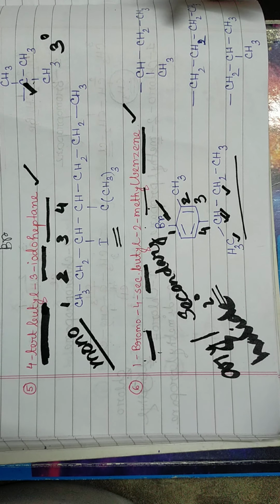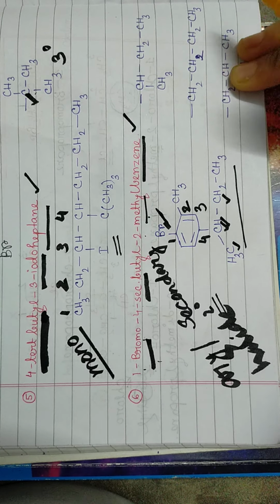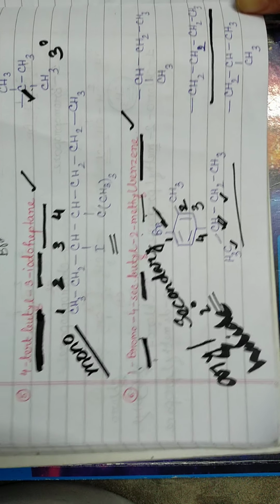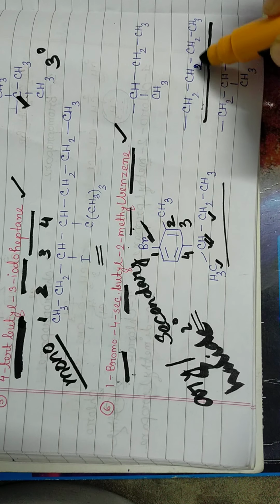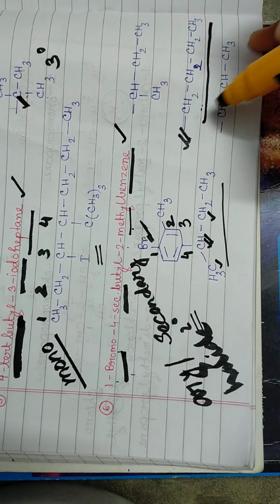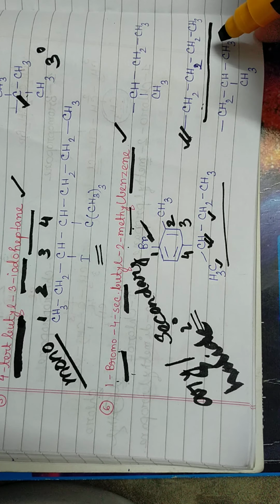With the secondary butyl group we can also see that there are some other kinds of butyl groups, like normal butyl, where the 4 carbons are in a normal chain. Bonding will be with this carbon, and this is known as the n-butyl group or normal butyl group.